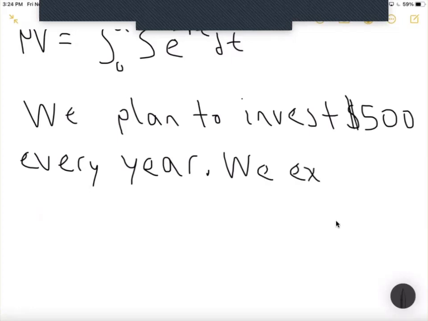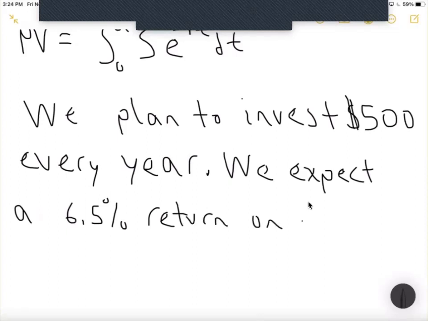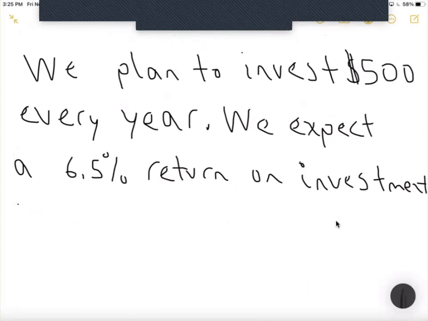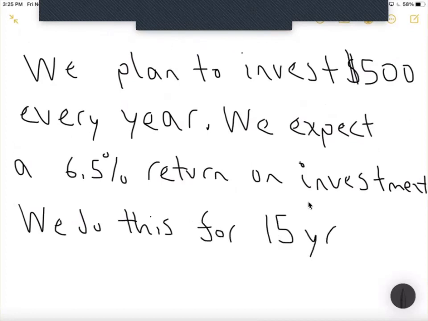We expect a 6.5% annual return on investment. Essentially, this means that our rate of return is expected to be 6.5% each year, and we do this investment for 15 years.